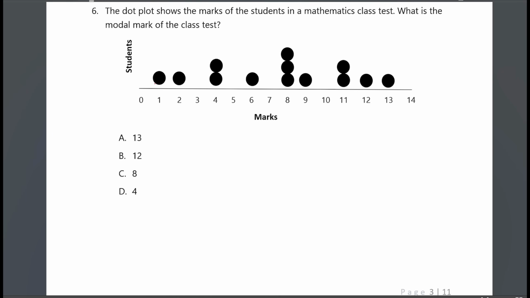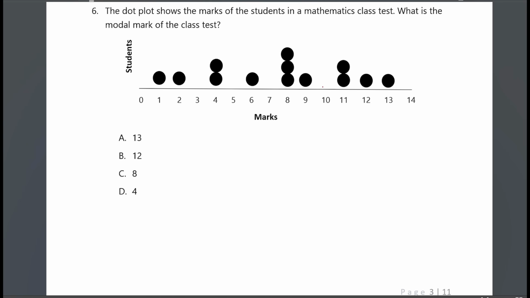A score of 1, we have only one dot there, meaning that only one student had a score of 1. Only one student had a score of 2. No student had a score of 3. 2 students, a score of 4. No student scored 5. 1 student scored 6. No student scored 7. 3 students scored 8. 1 student scored 9.